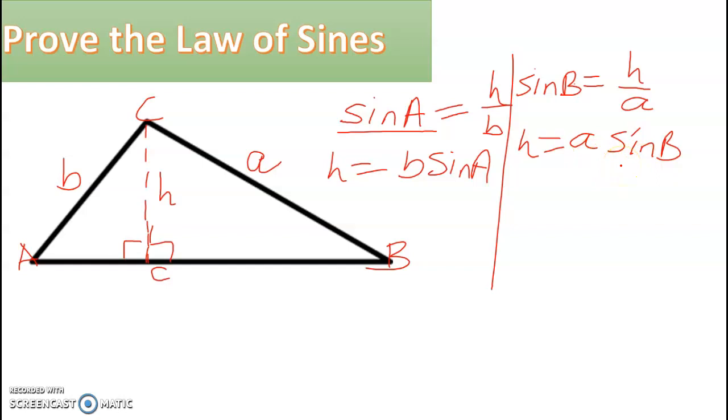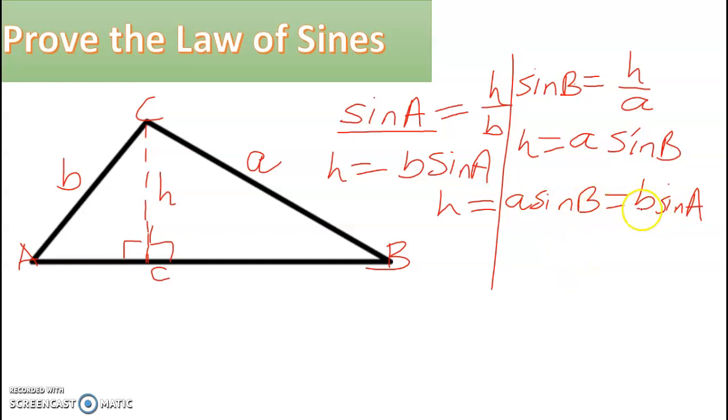So we can say that a sine B is equal to b sine A, because both of them equal h. This is the law of sines, and this is one way to write it.